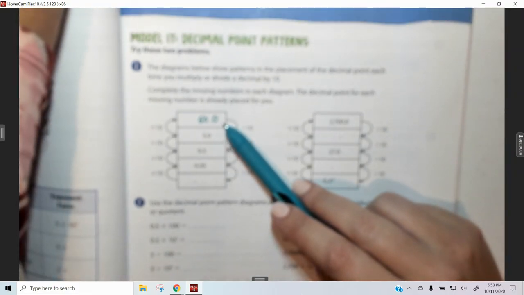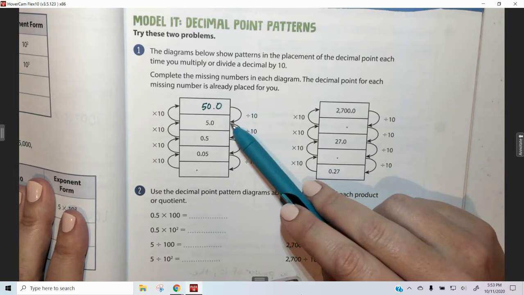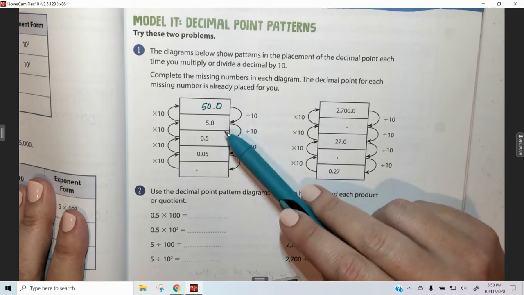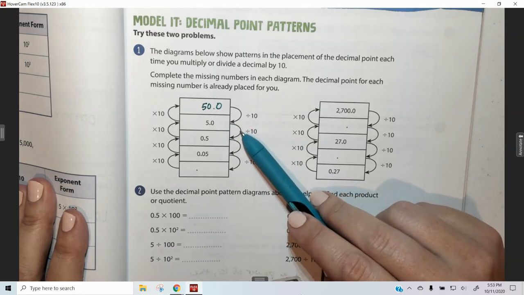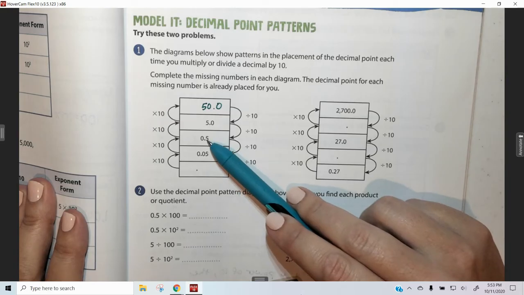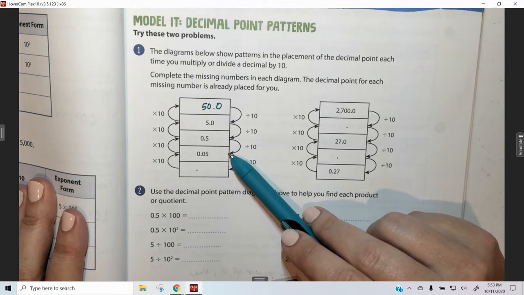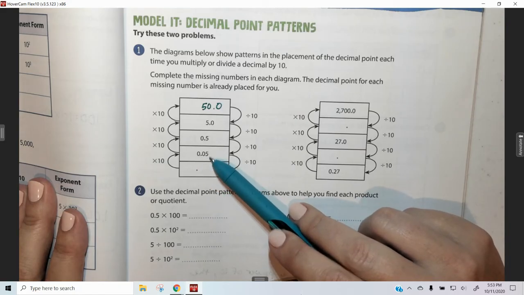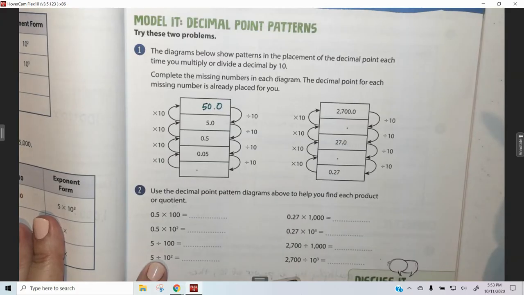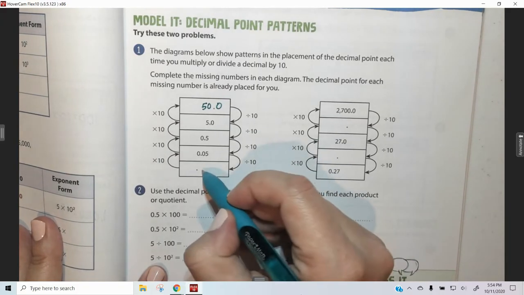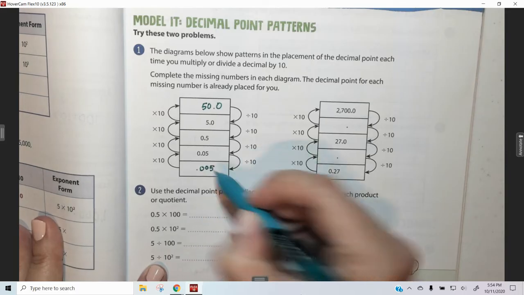Okay, so 50 divided by 10 is 5. 5 divided by 10 is 5 tenths. 5 tenths divided by 10 is 5 hundredths. And 5 hundredths divided by 10 is, you guessed it, 5 thousandths.